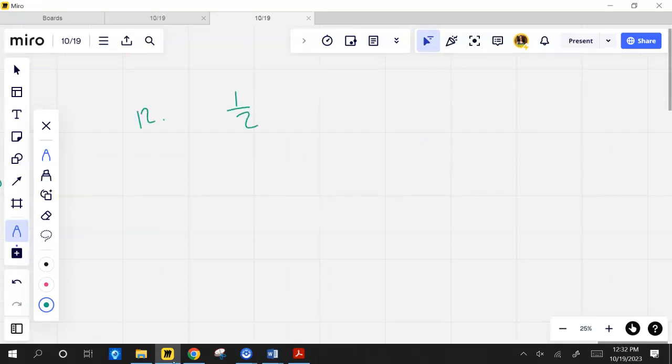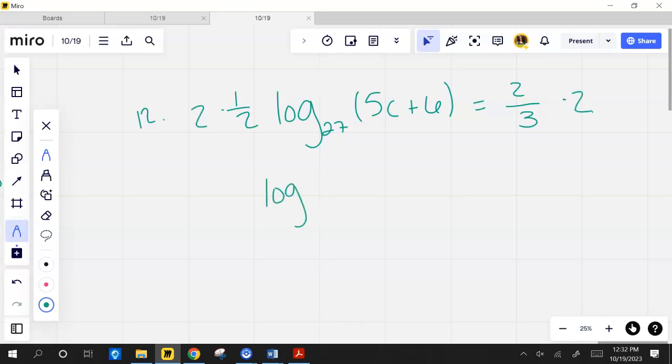12. 1/2 log base 27 of 5c plus 6. Absolutely. I would multiply by 2. You could have made this an exponent and you'd have a square root there. But if I'm doing this, I'm going to get the log by itself first. I'm going to multiply by 2. The 2 came because I flipped that over and multiplied to get rid of it.